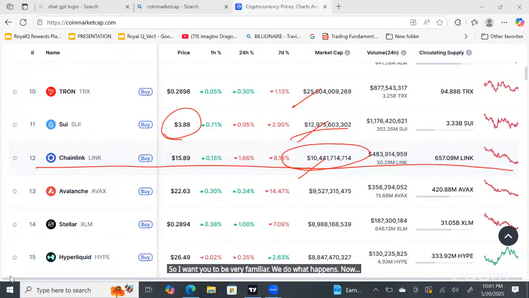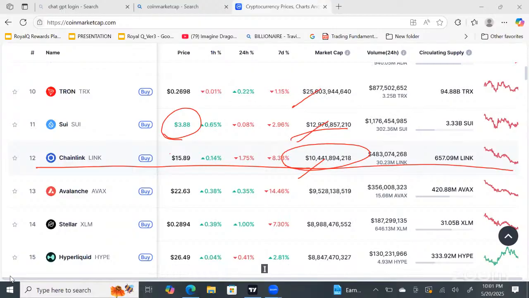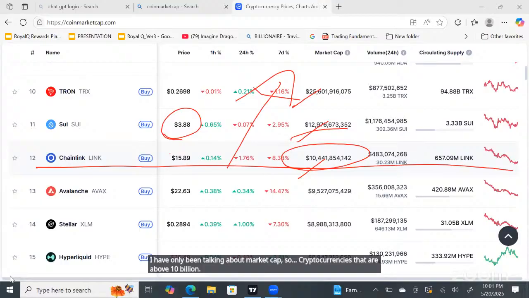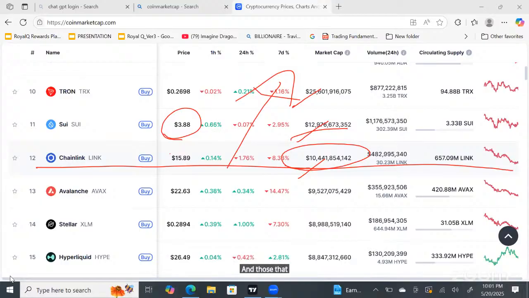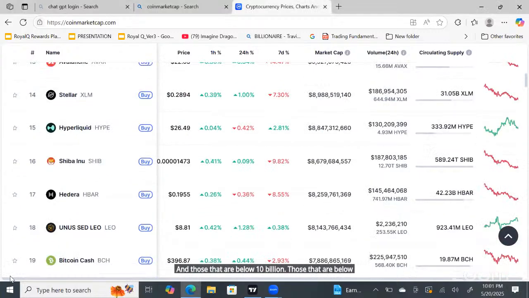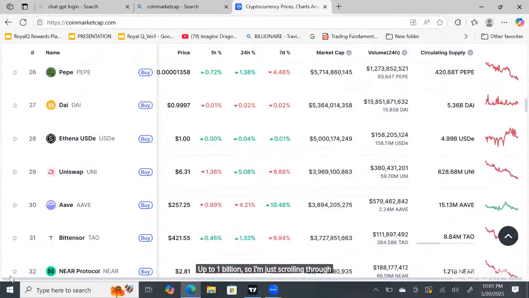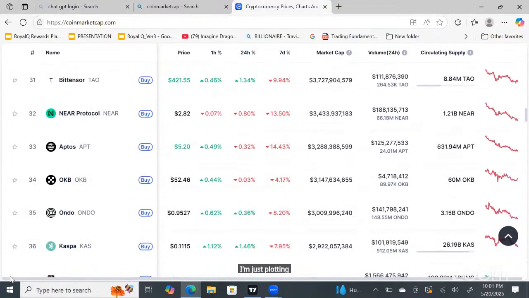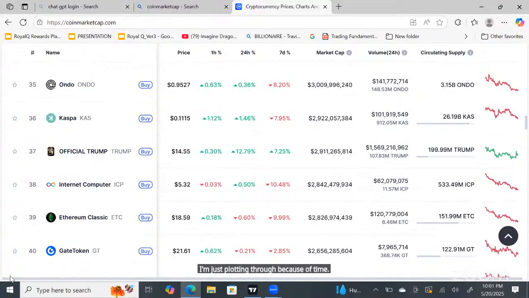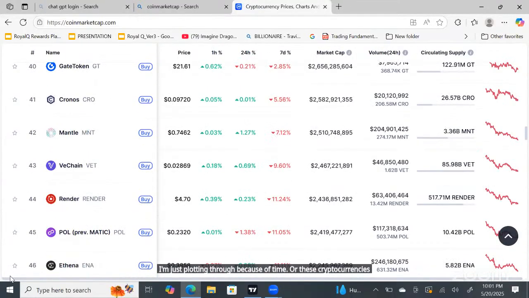Now, I have only been talking about market cap. So cryptocurrencies that are above 10 billion, we consider them to be major cap. And those that are below 10 billion, up to 1 billion, I'm just scrolling through because of time. All these cryptocurrencies here are above 1 billion.